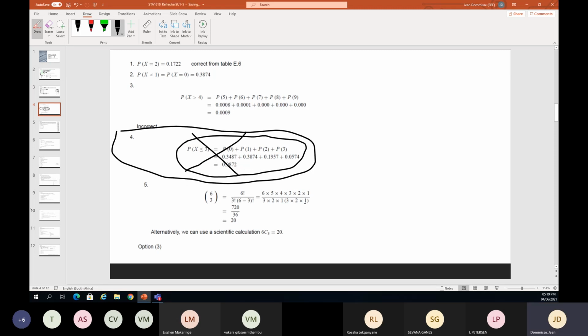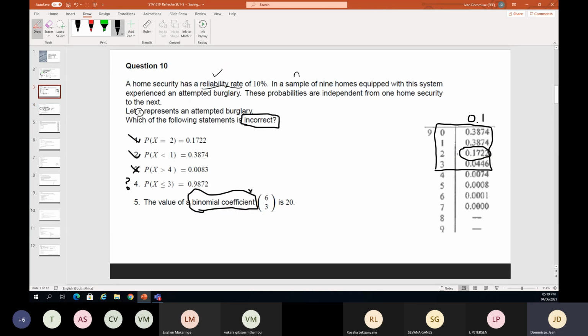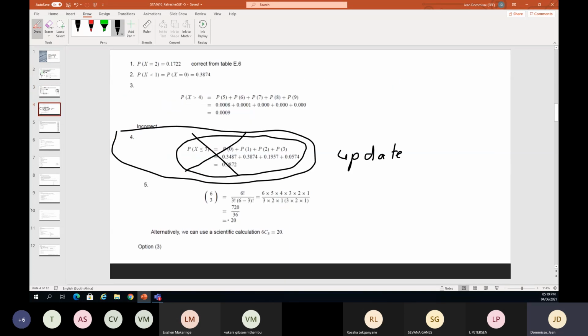I will update this for you with what it should be, because it is not those numbers, it should be those 4 numbers. So this in one of the previous trial exam papers was wrong as well. Good that we are working through some of these.